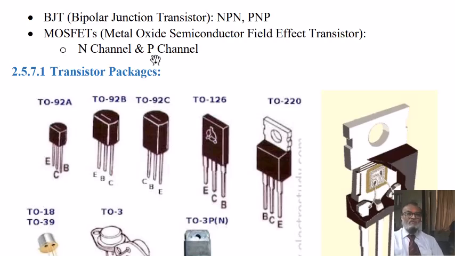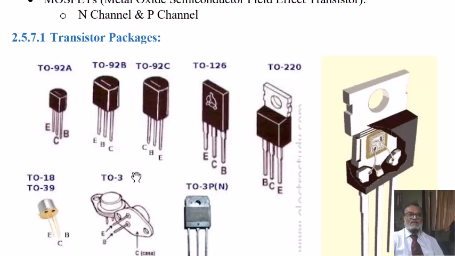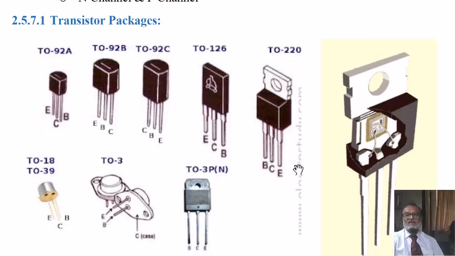There are two types of MOSFET: P channel MOSFET and N channel MOSFET. Typical transistors are available in various packages. Here the TO92A package is shown and the TO220 package is shown. TO92A is a low power package, whereas TO220 is a high power package.